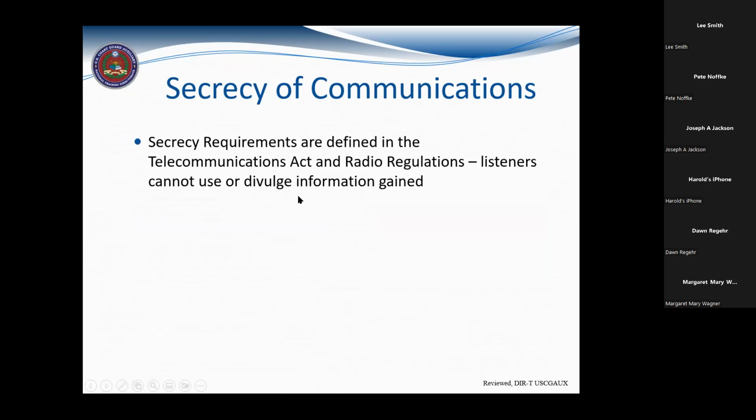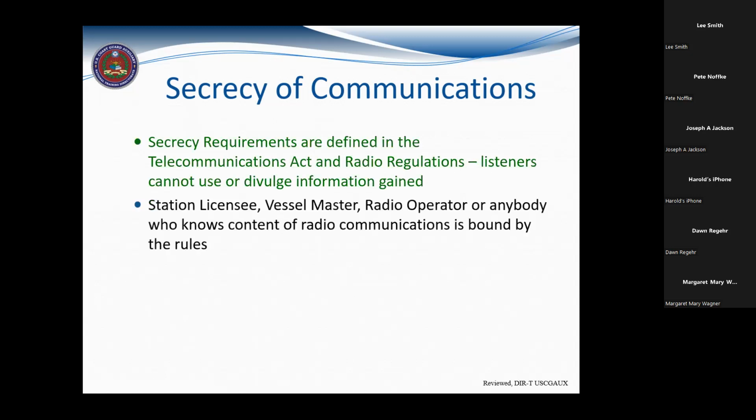Changing channels here. It is not legal to share information that you hear on the radio except for distress or public information broadcasts. There's a law that says it's illegal to share the information.